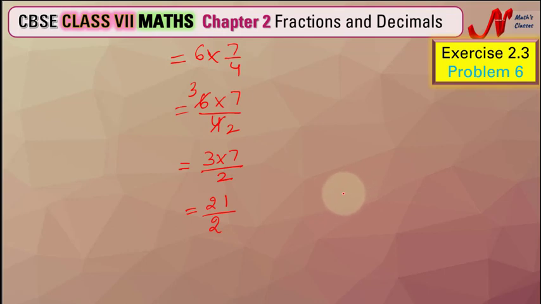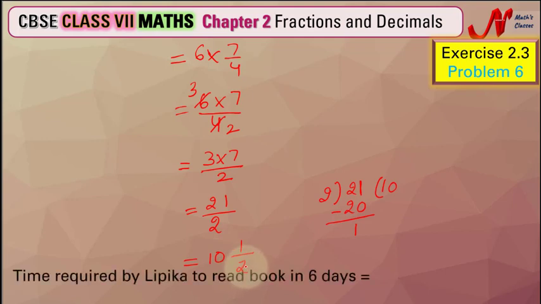This can be written as a mixed fraction by dividing the numerator 21 by the denominator 2. 2 tens are 20. By subtracting we get 1. This can be written as 10 1 by 2. So the time required by Lipika to read the book in 6 days is equal to 10 1 by 2 hours.